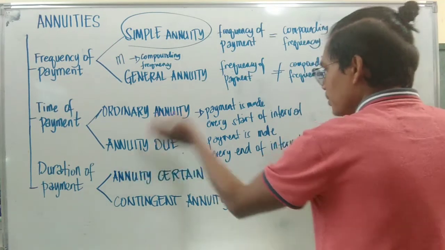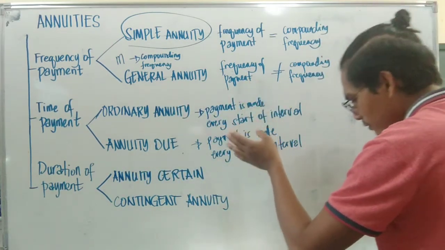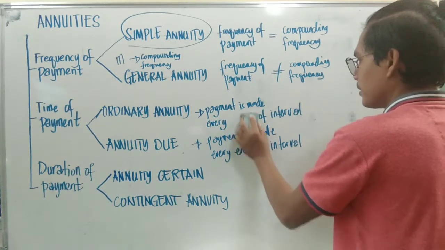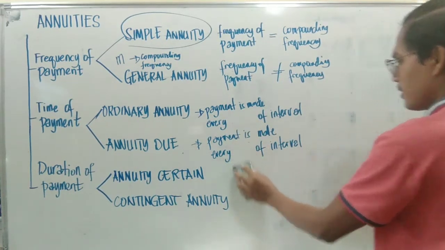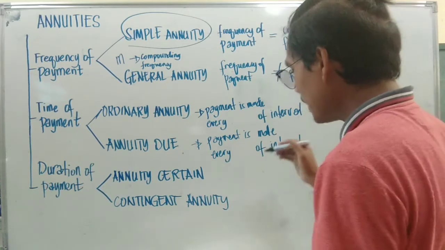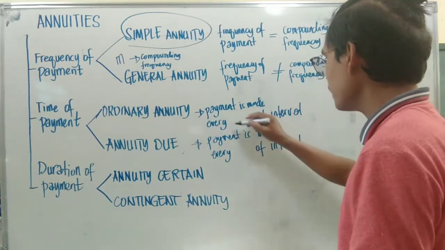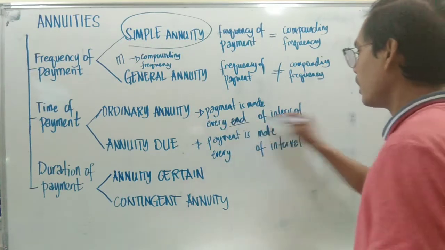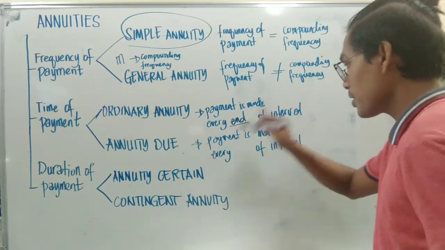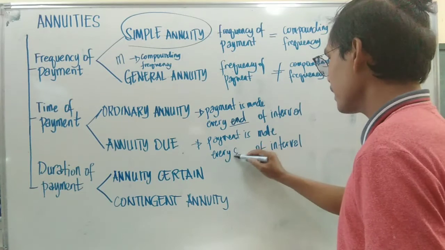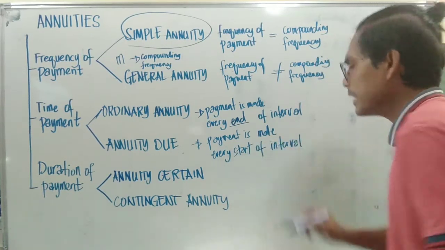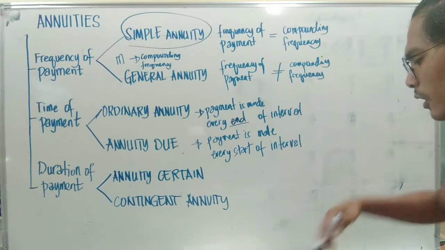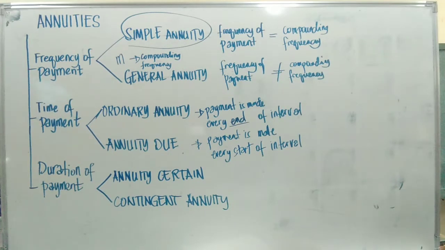And annuity due, payment is made every start of interval. Okay? Again, for your ordinary annuity, payment is made every end of interval, while your annuity due, payment is made every start of interval. Okay? Start or beginning.